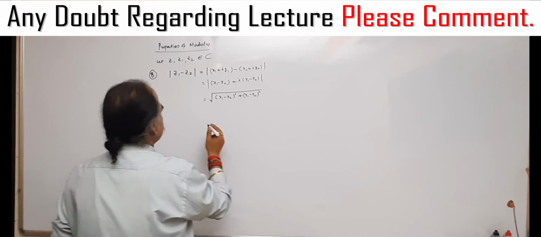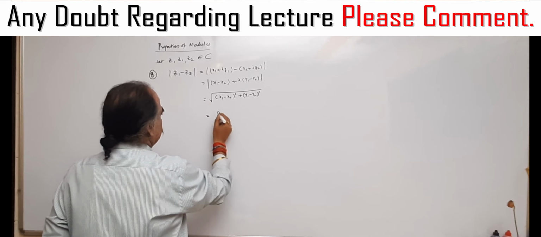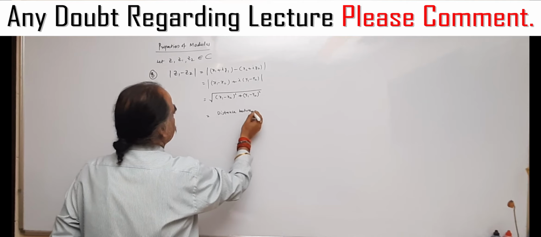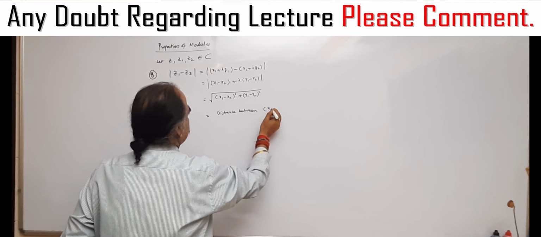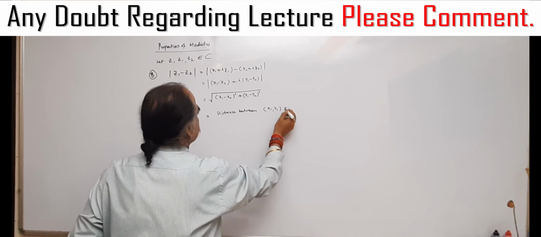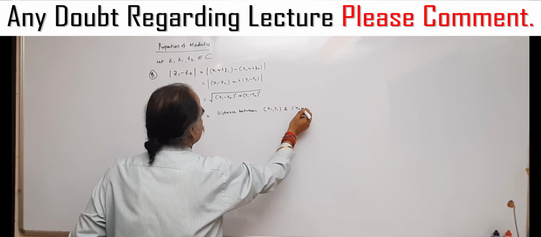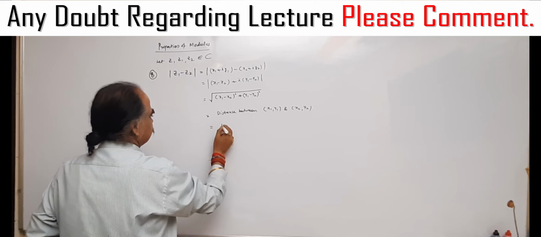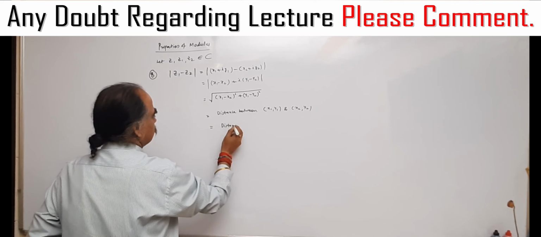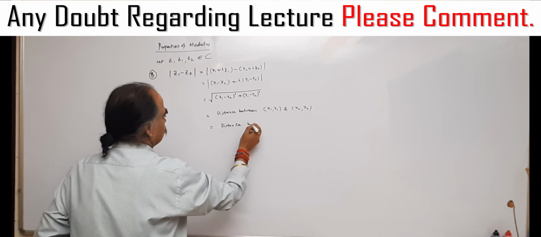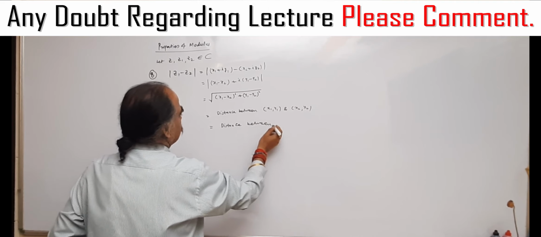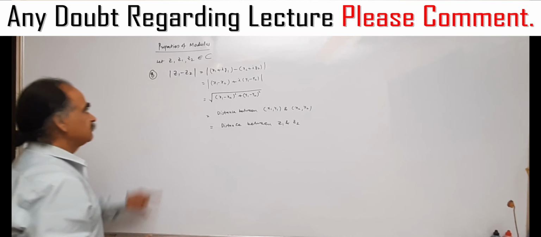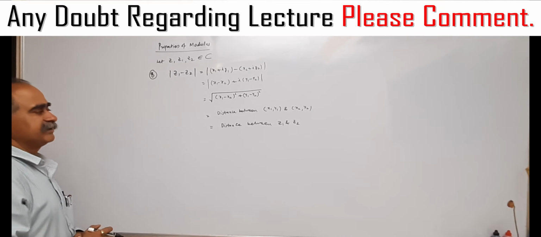Distance between x1, y1 and x2, y2, which is the same as the distance between z1 and z2. So modulus of z1 minus z2 is what? Distance between z1 and z2.